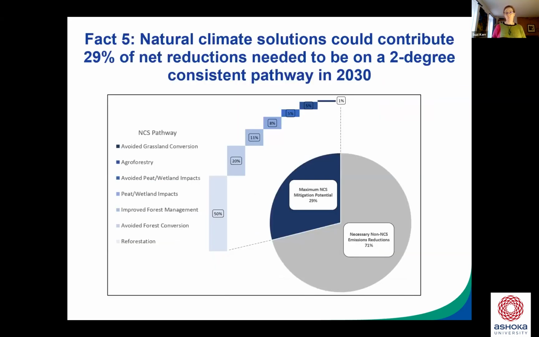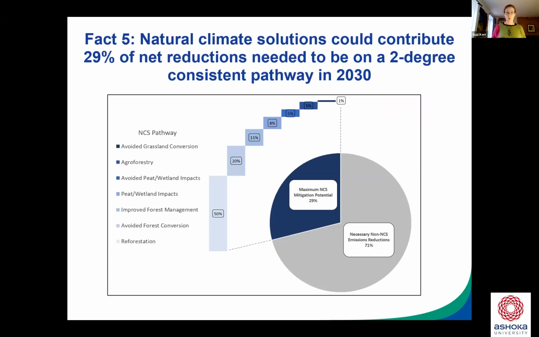Fifth fact is that natural climate solutions, and possibly most relevantly in India, this is reforestation, could contribute nearly a third of net reductions needed to get onto a 2-degree consistent pathway in 2030. These are modelling results. These are showing what is possible.